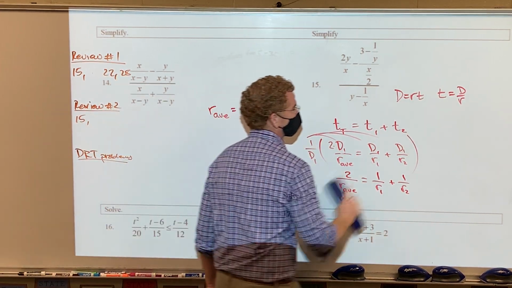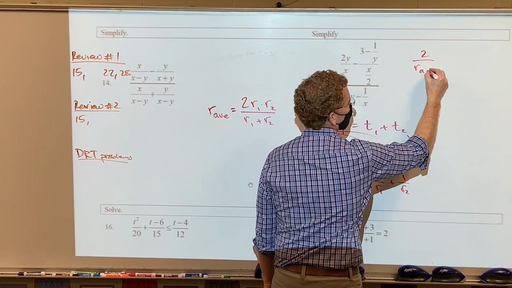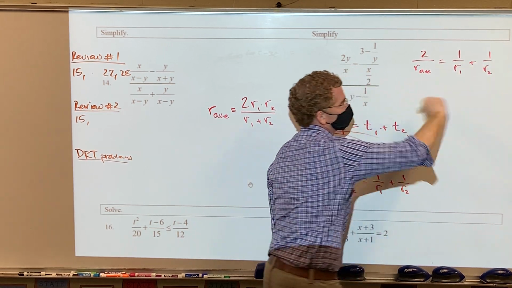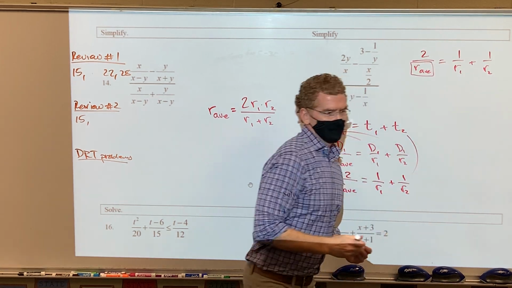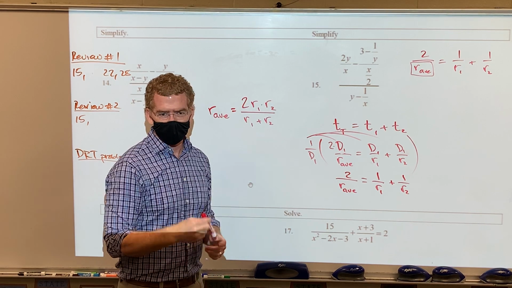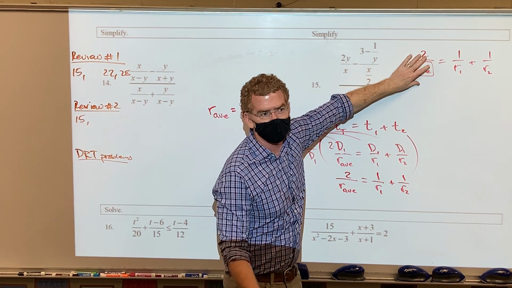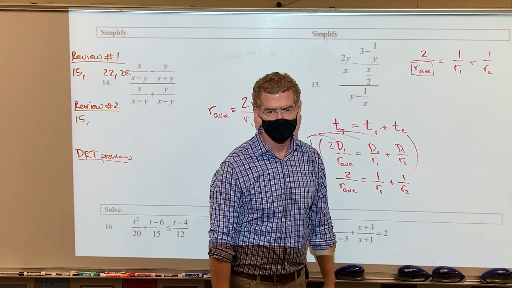Now, what would happen if I took that equation, how would you solve for this? Pretend there's other numbers in there. What would you do if you were solving for that variable? This is what we've been doing most of this chapter. If you have an equation with fractions, what could you multiply through by?